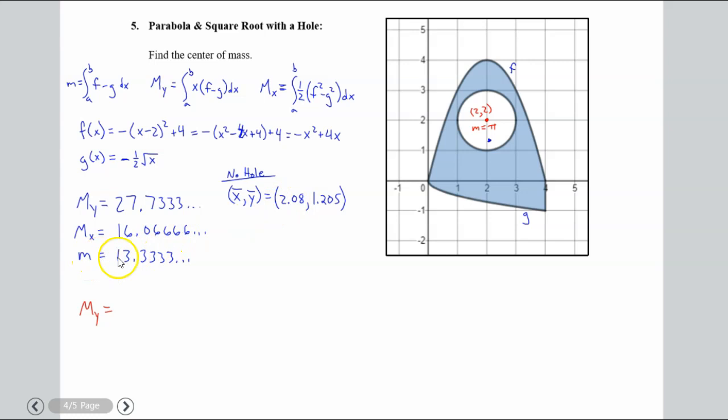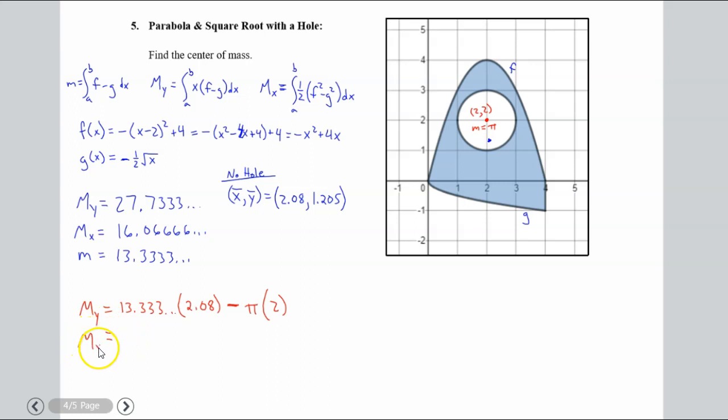Again, the mass or area is that 13.33, times this 2.08. So that's for the overall object. And then we're subtracting out this hole. So I need to do a minus here because we have a negative mass of pi, the negative area, and then times the x coordinate there, which is just 2. All right, and I'll compute that out in a second.